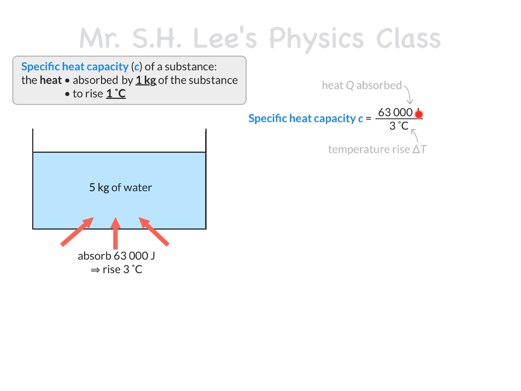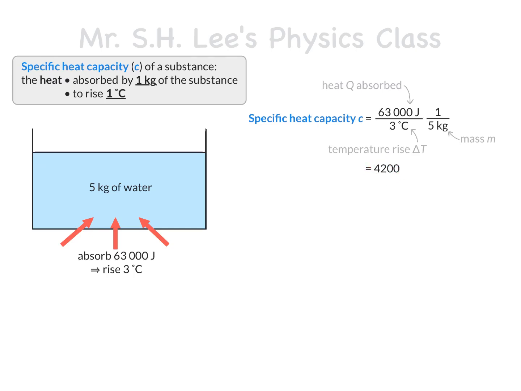And up to here, this gives you how many joule of heat is needed to raise 1 degree Celsius, but for 5 kg of water. To further get the heat needed to rise 1 degree Celsius for only 1 kg of water, we should further divide this by its mass, 5 kg. Evaluating, the value is 4,200.